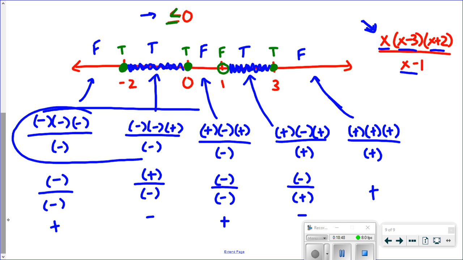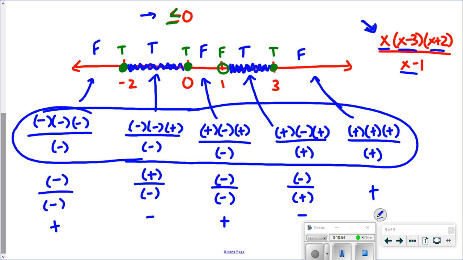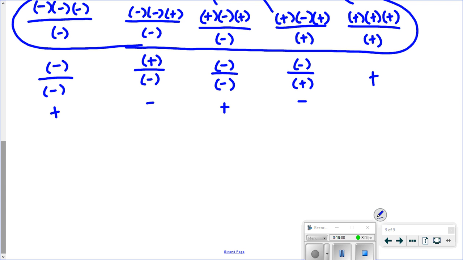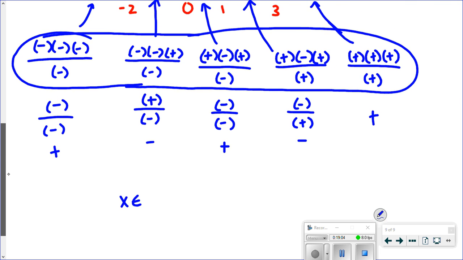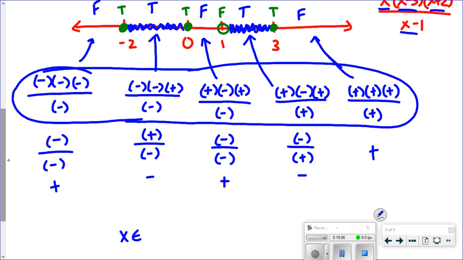Okay, so I want to see your number line. I want to see those critical values, and I'd like to see this first step here. And then, of course, don't forget to write your answer. Again, my variable that I'm using here is x. So I have the first shaded part, which is -2 to 0.